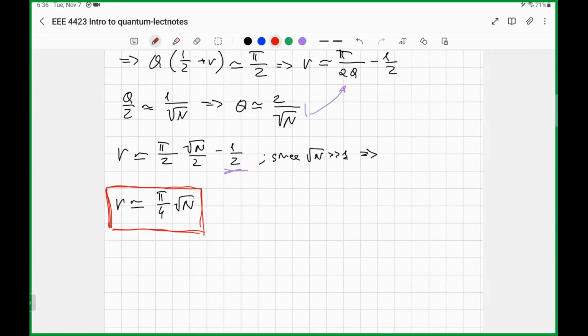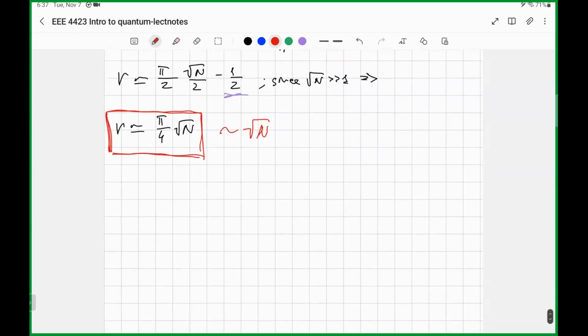And we see that it scales as the square root of N.